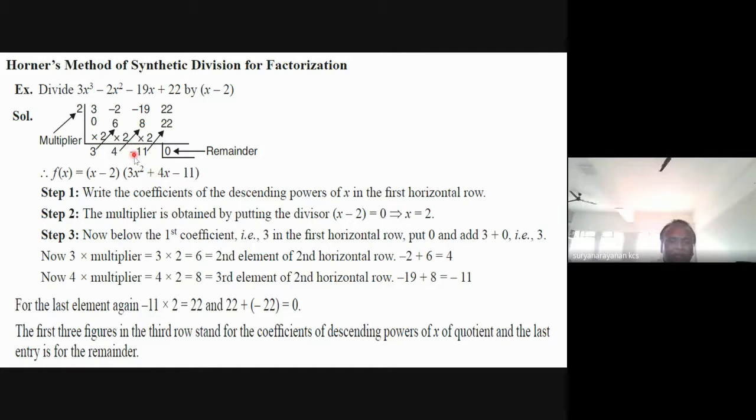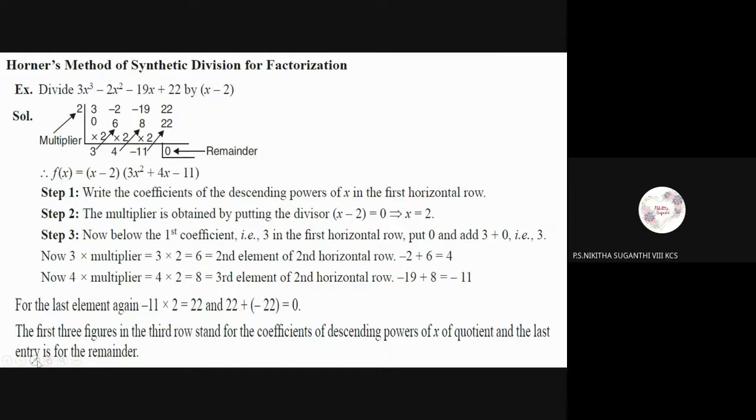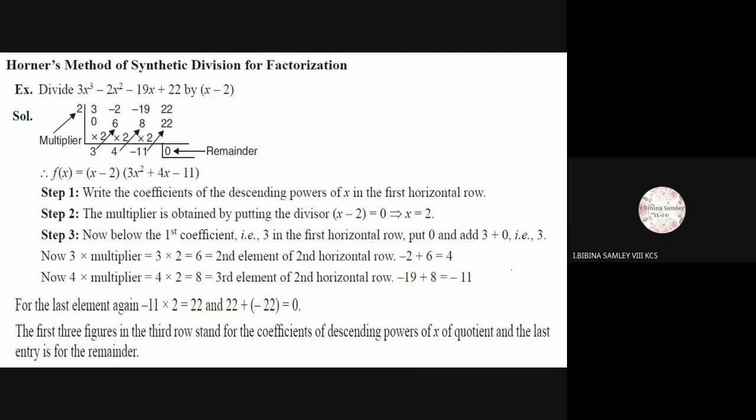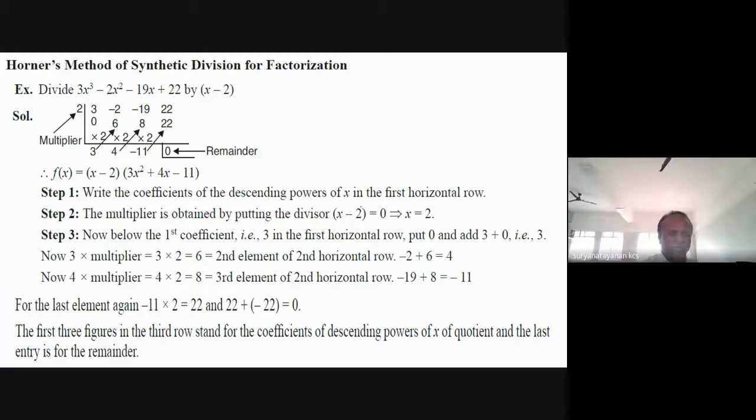Again, minus 11 into the multiplier 2. What will you get? 22, so minus 22.